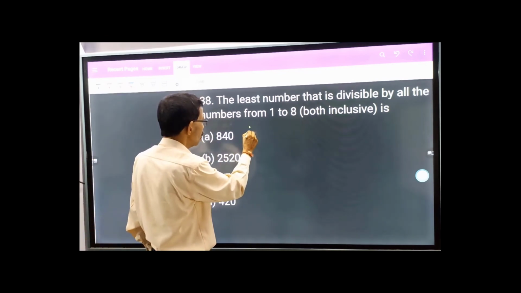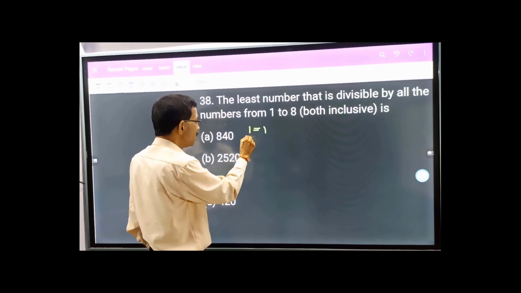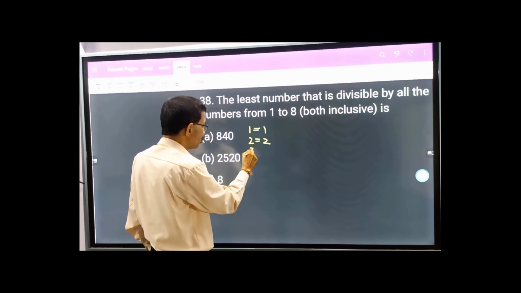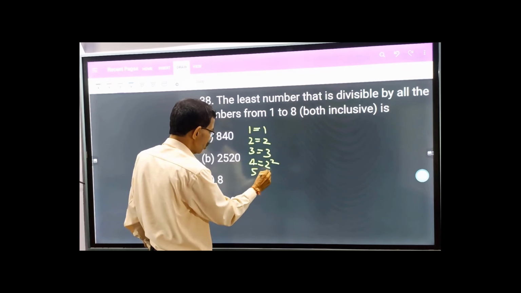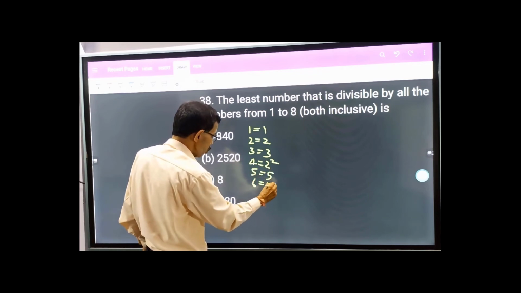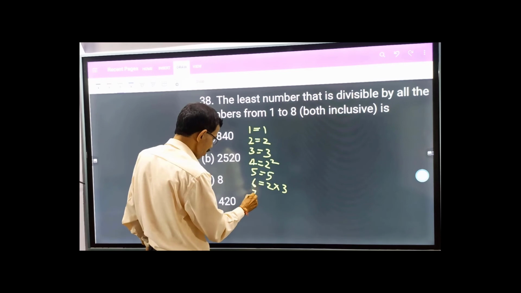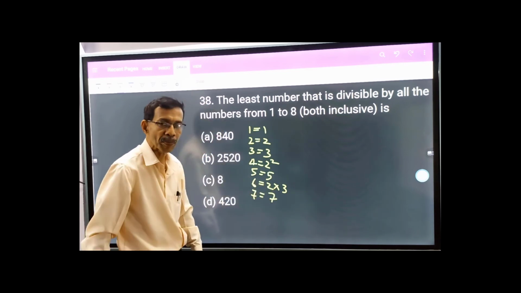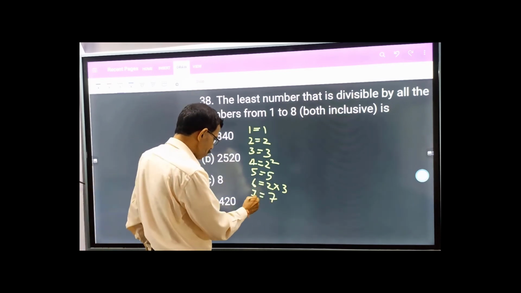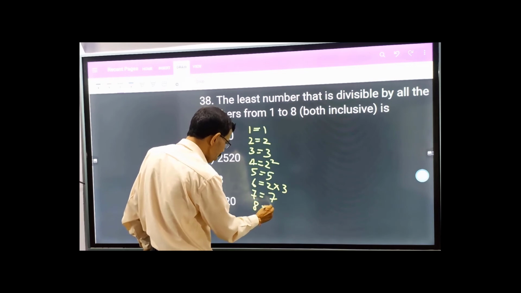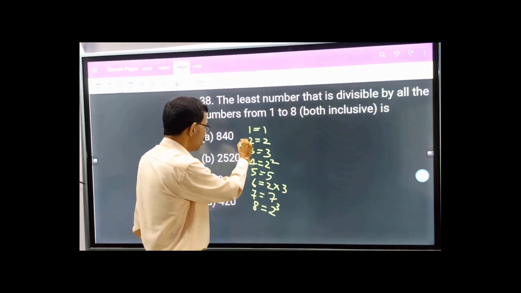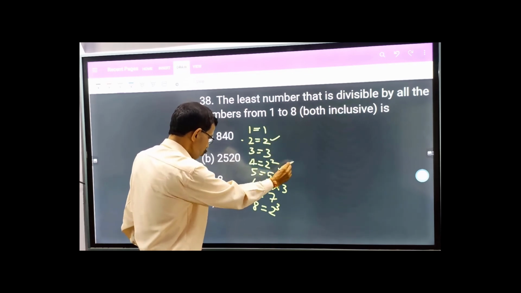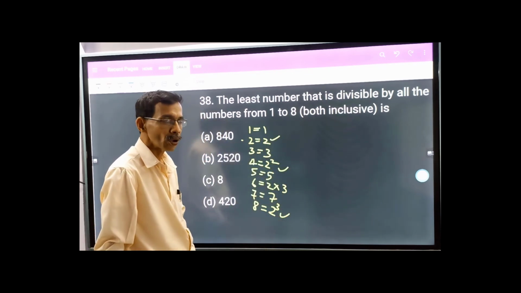Here, 1 is equal to 1, 2 is equal to 2, 3 is equal to 3, 4 is equal to 2 square, 5 is equal to 5, 6 is equal to 2 into 3, and 7 is equal to 7 because 7 is a prime number, and 8 is equal to 2 cube.